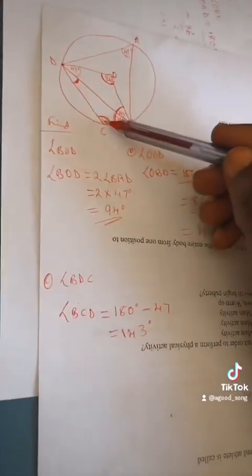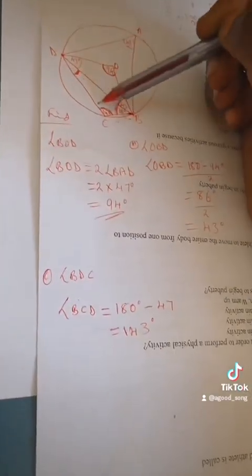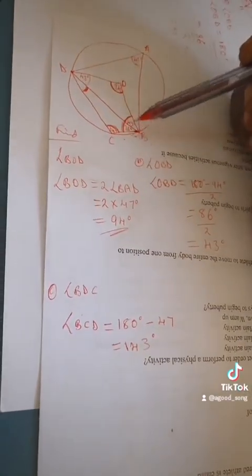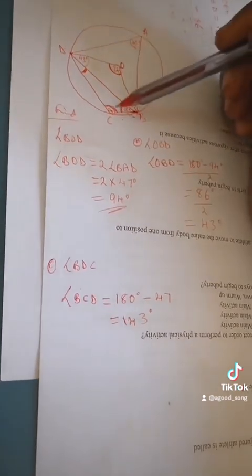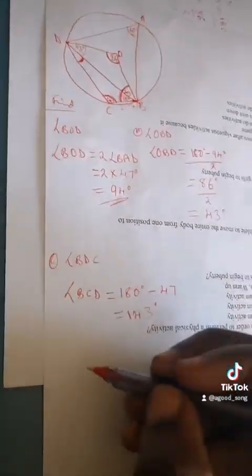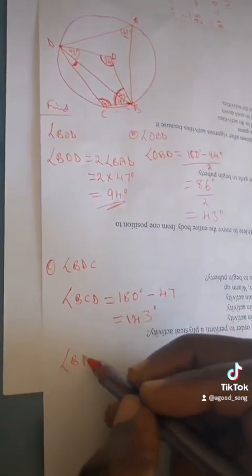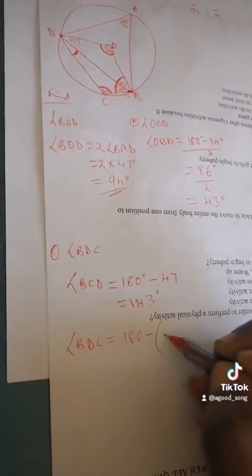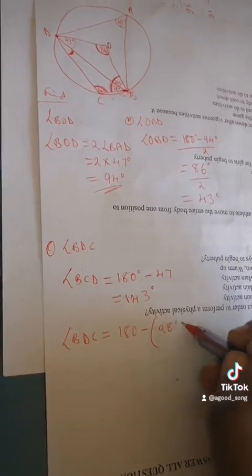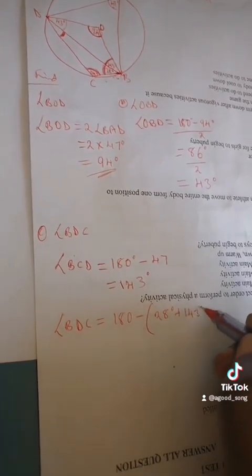Since we know this angle and the other one, we'll take this as triangle BCD. We know two angles, so we can add them, then subtract the sum from 180. So angle BDC is equal to 180 minus the sum of the two angles, which is 28 degrees plus 143 degrees.